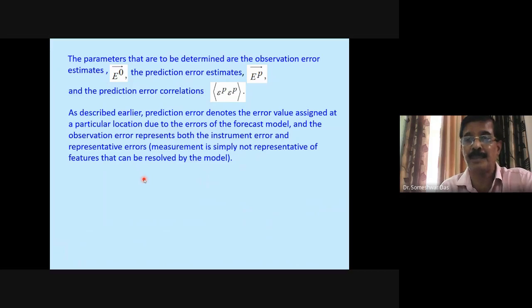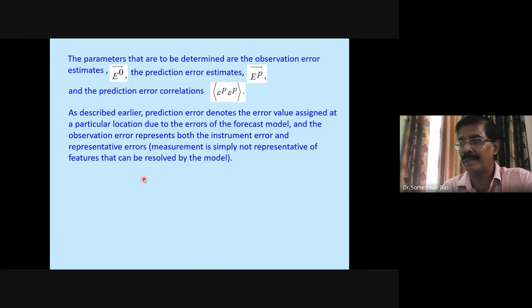For what process? Suppose you are trying to analyze the cloud processes. Is the observation representative of the cloud processes or not? Obviously, it is not, because of the lack of understanding of the processes or insufficiencies in theories in the models. So we are trying to account for those errors, representative errors.